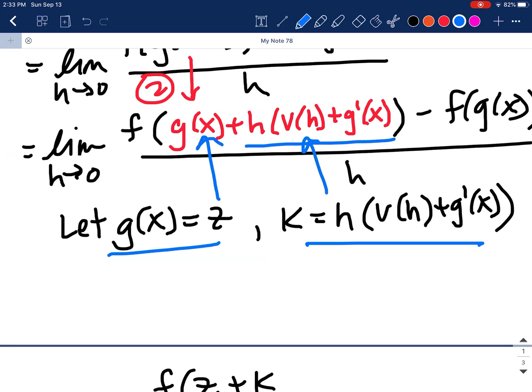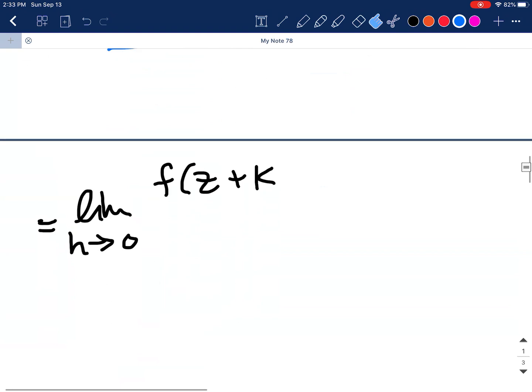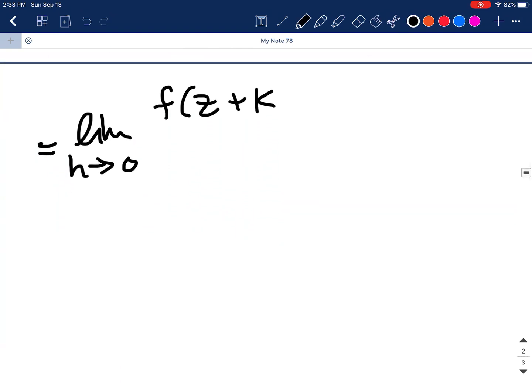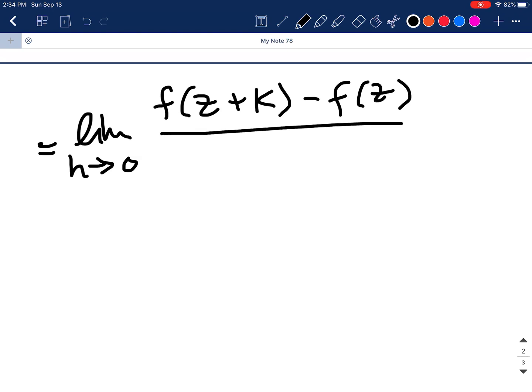That whole thing is now k. And then, of course, z is going to be used again over here. So we're just substituting those for some new letters, but those letters are going to be familiar because they're what we used to define f earlier on. So we've got f of z plus k minus f of z all over h.